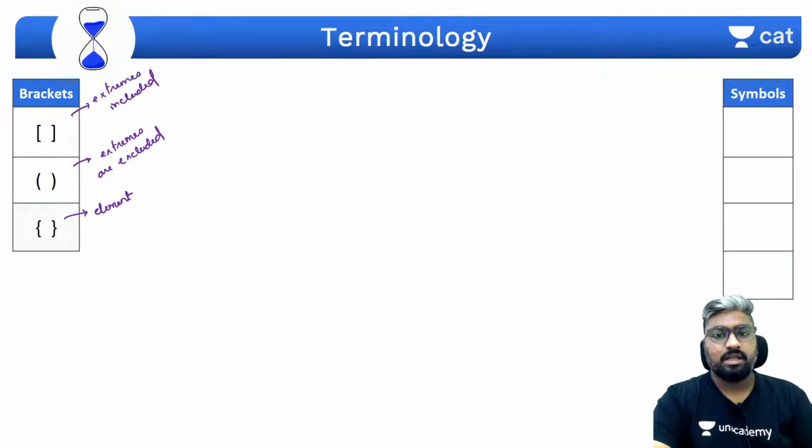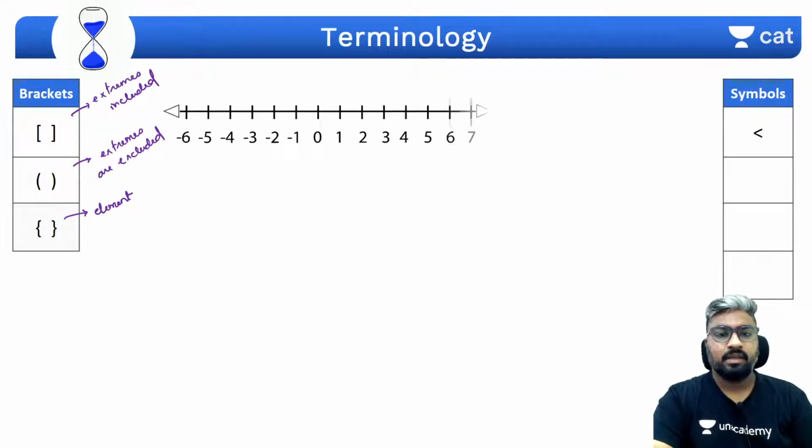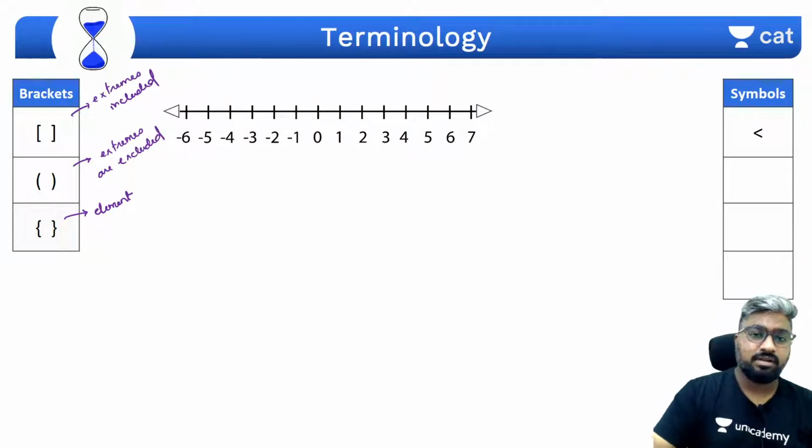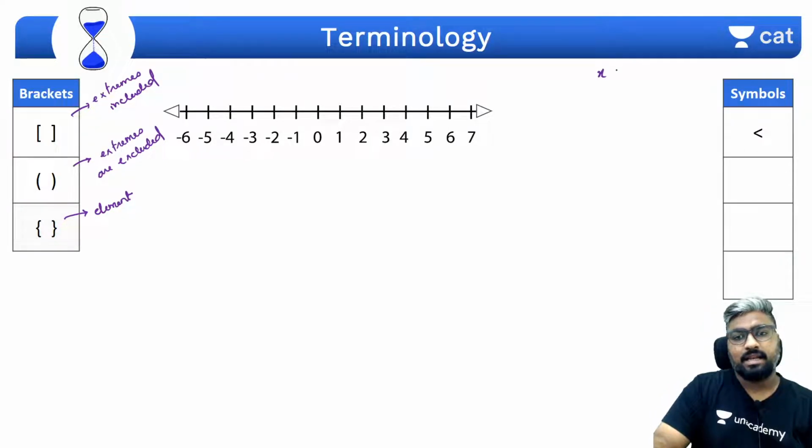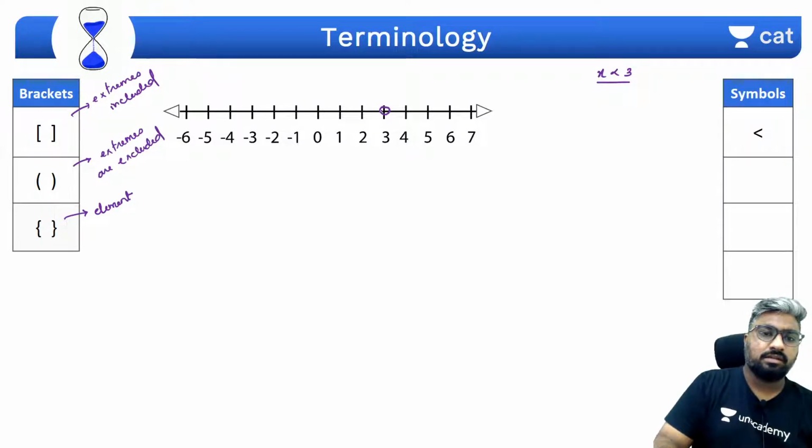Okay, so let's talk about the symbols also. We have less than. If I say x is less than, let's say, 3, then any value that is left of 3 would be included in it, except for 3 itself.